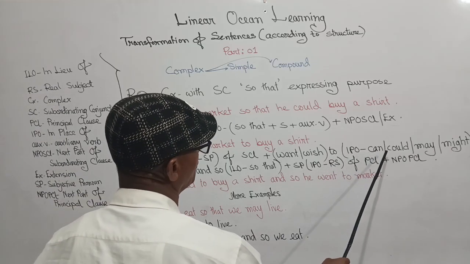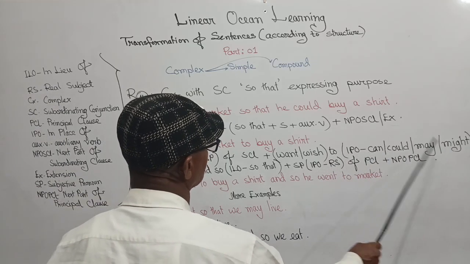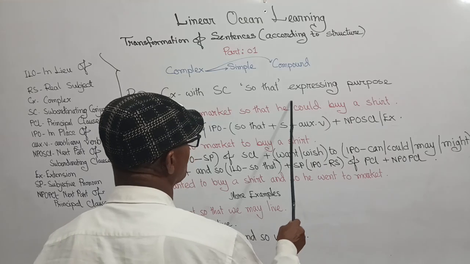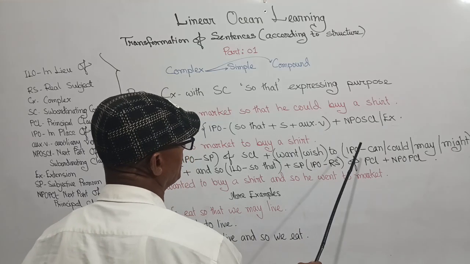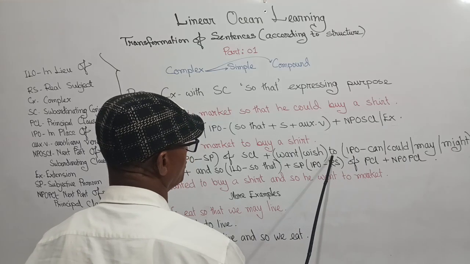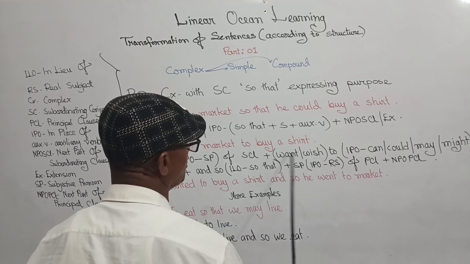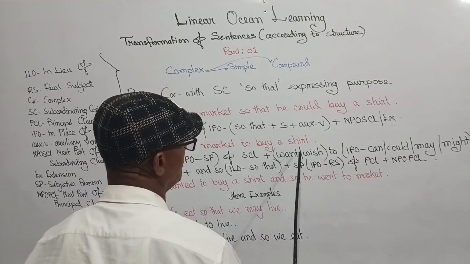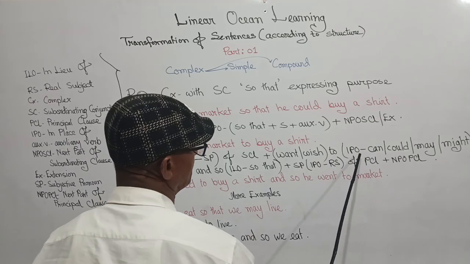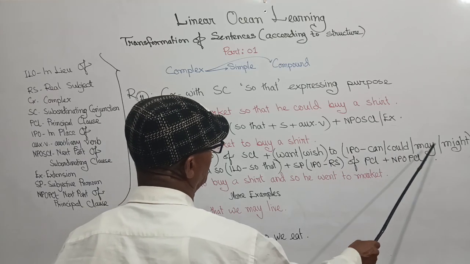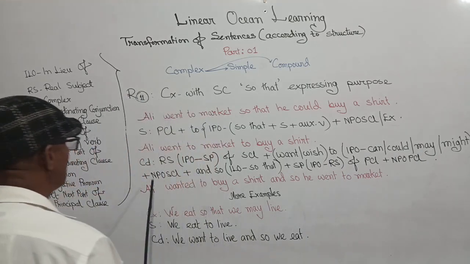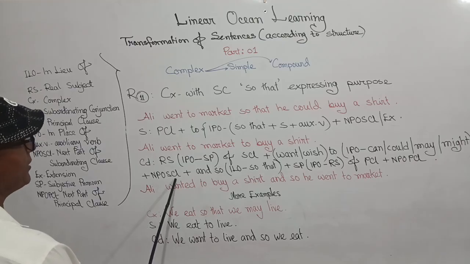IPO can, could, may, might. That means in place of the auxiliary verb, we have to write want to or wish to, or wants to or wishes to, or wanted to or wished to, in place of can, could, may, might, plus the next part of the subordinating clause.